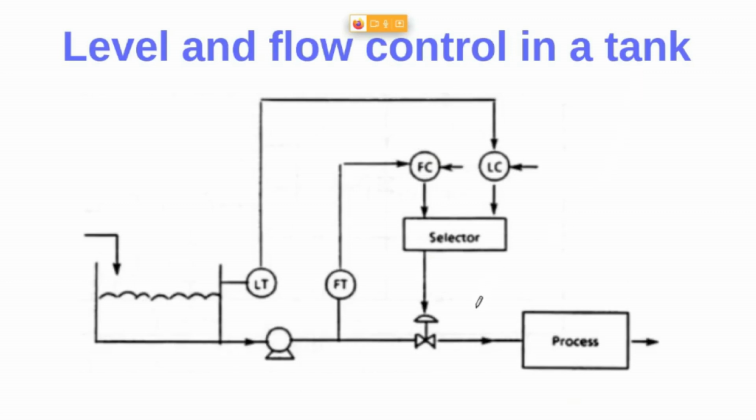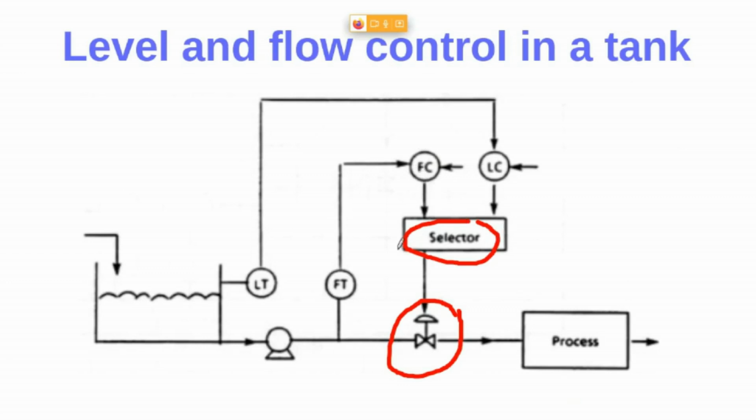This is absolutely the same situation as the previous example, but now here we have added a valve, right? As you can see, this selector selects one out of these two manipulated variables, because these are the outputs of these two controllers.